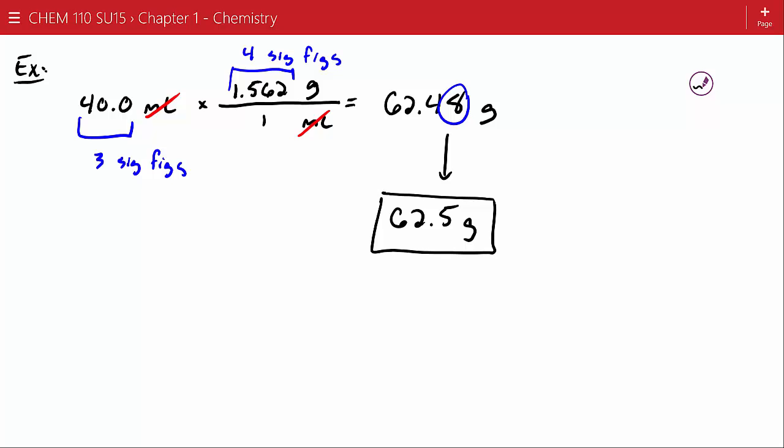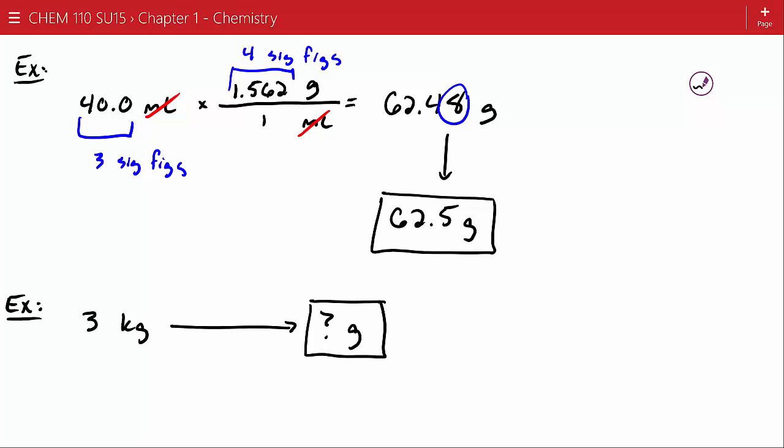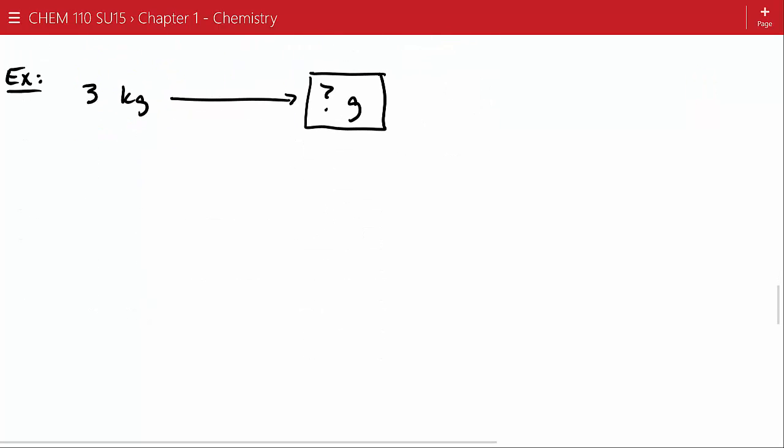All right, let's do one more warm-up example. Let's say I've got 3 kilograms, and I want to go to grams. What would we need to do to convert from 3 kilograms to grams?